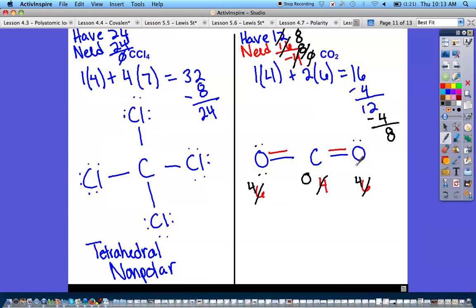So we have 3 atoms, 0 lone pair on our center atom, and we have 2 bonding areas. This is going to be a linear shape with 3 atoms. We said that linear with 3 atoms, no lone pairs, is going to be a nonpolar molecule.